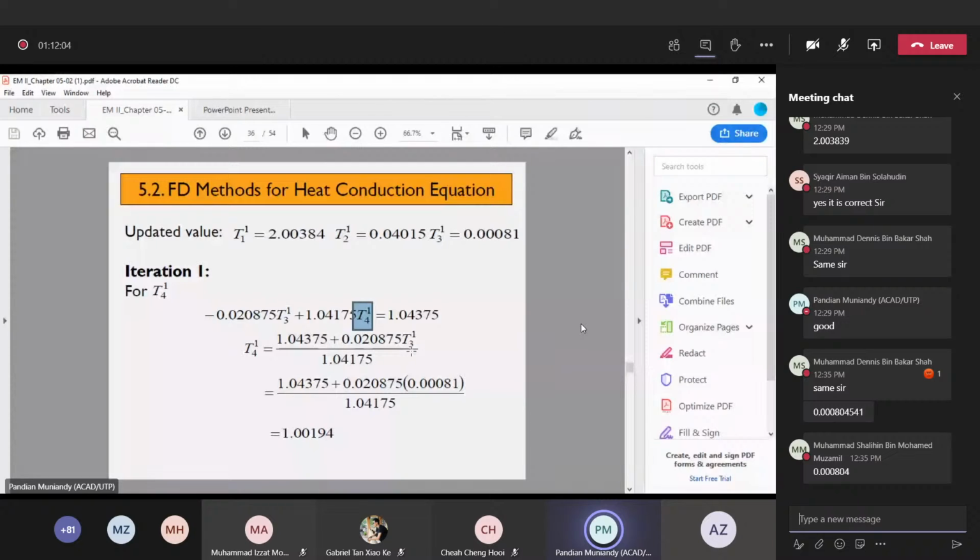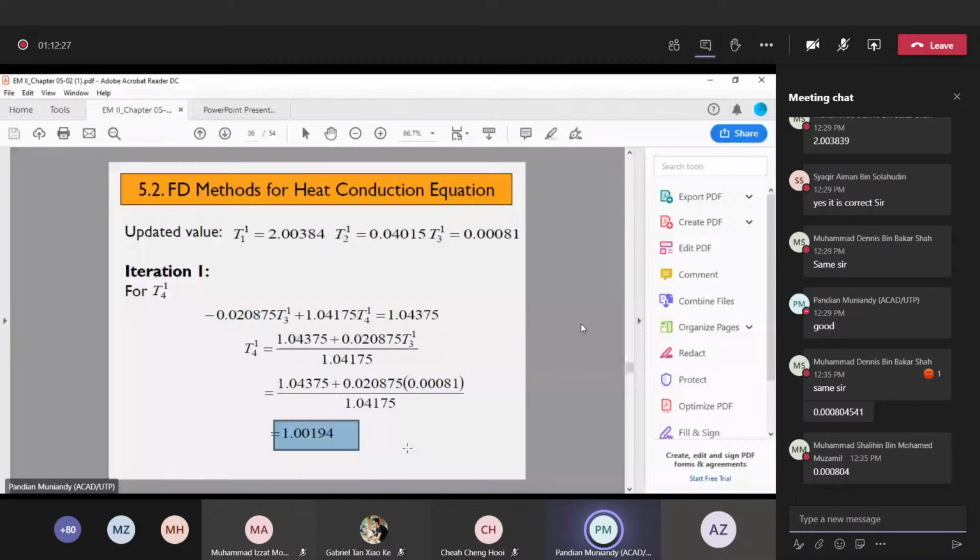So 1.04375 plus 0.020875, where T3 must take this value, 0.00081. So you substitute that value here. Now you calculate T4, 1.00194. Can you calculate that?